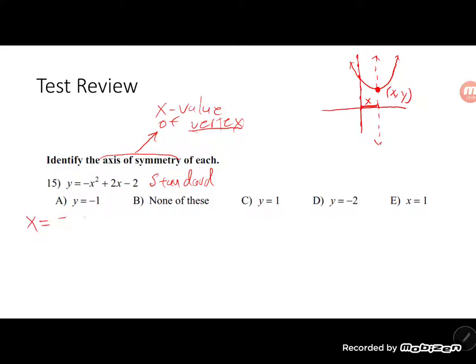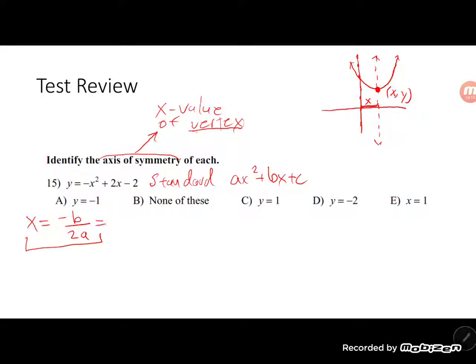That equation is x is equal to -b over 2a. My standard form is ax squared plus bx plus c, and I can see what a would be, I can see what b would be, and I just plug them in to this equation.